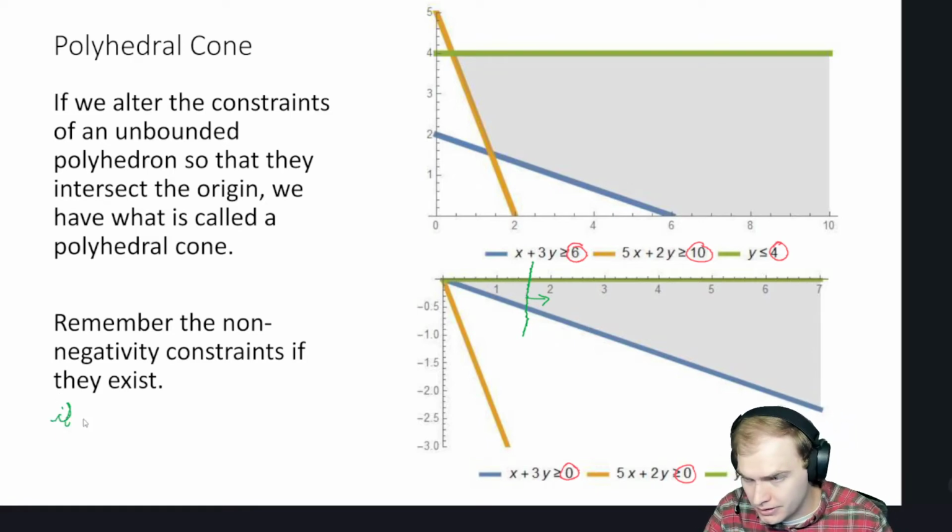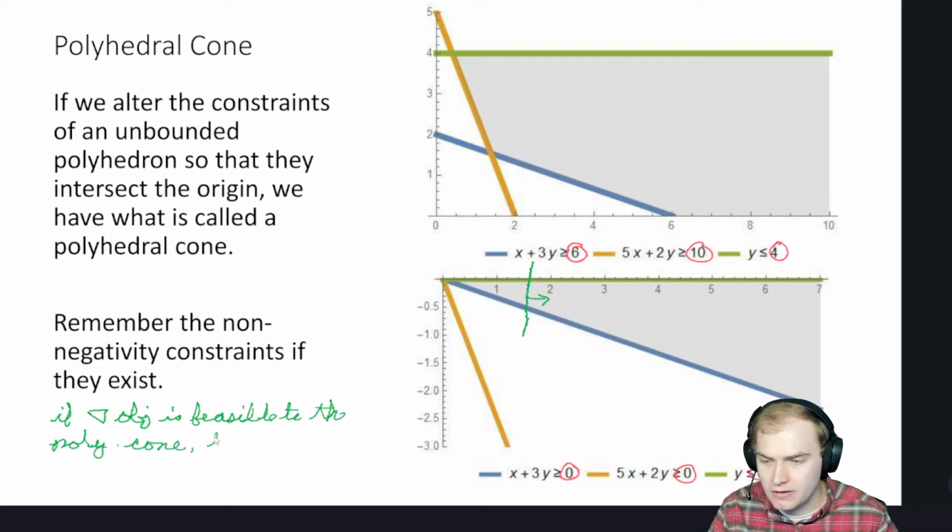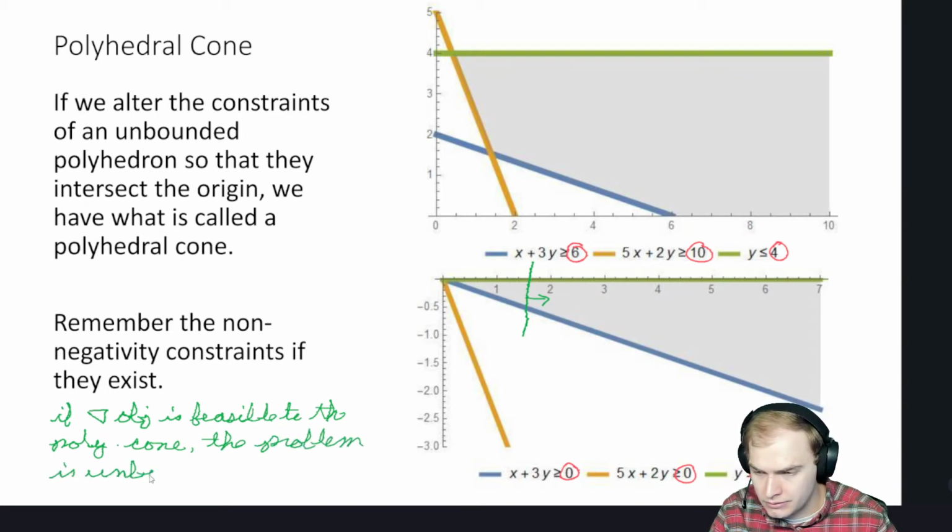So if the gradient of the objective is feasible to the polyhedral cone, the problem is unbounded.